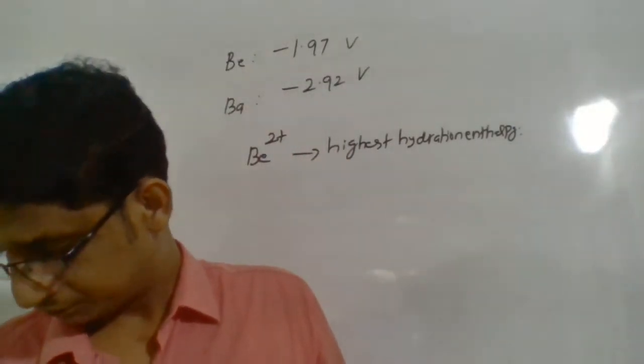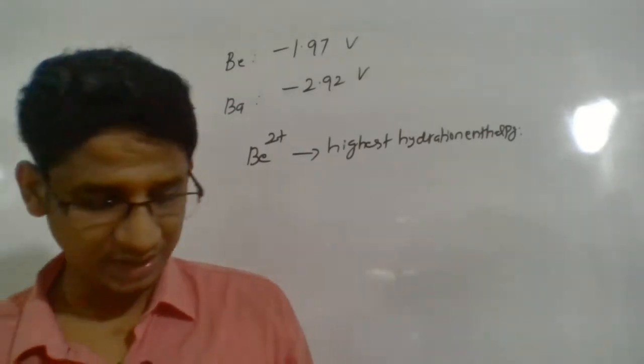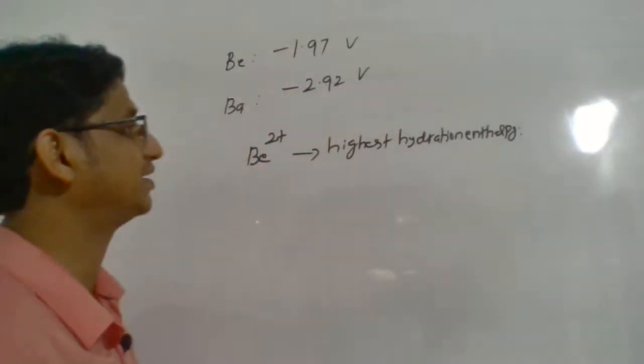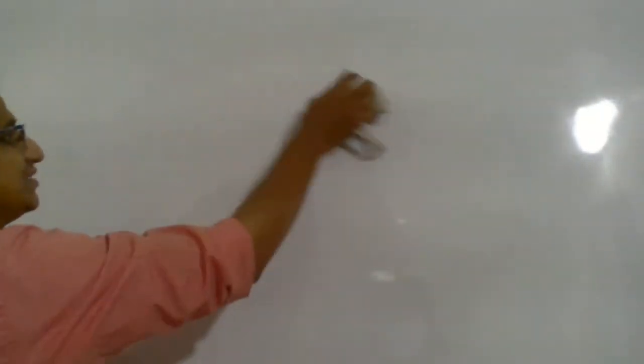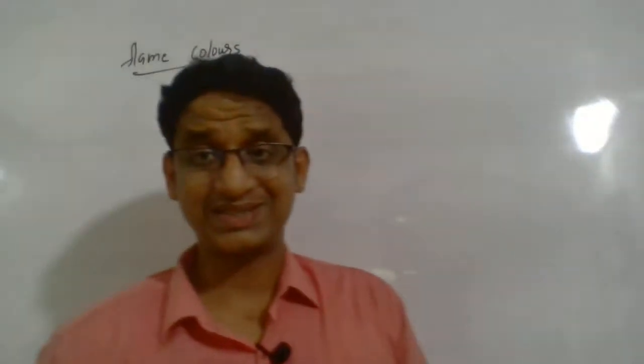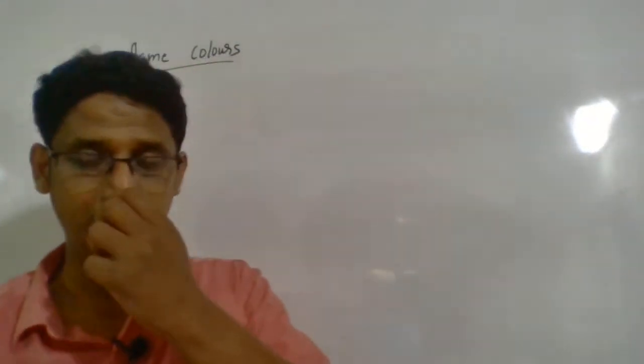Okay, so let us move to the next characteristic property, that is flame color. Let us discuss flame color. Flame coloration is something that you do in the chemistry lab, to identify metal ions or metals. Each metal has a characteristic flame color.